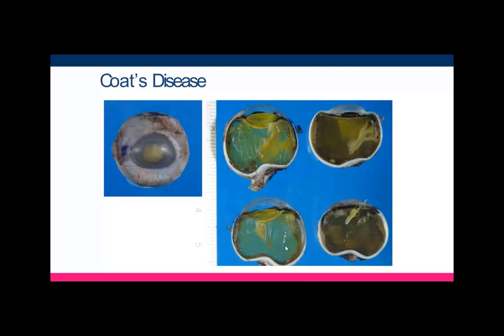The age, usually boys, average of 5 years old versus retinoblastoma, where the average age is 18 months. Almost always unilateral, and the key feature is the massive subretinal exudates, which are lipid deposits. It also doesn't have calcifications on CT or ultrasound, whereas retinoblastoma often does.